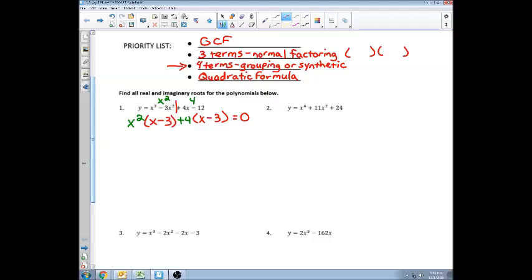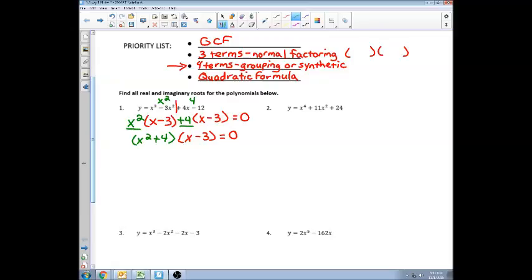All right. Now I want to group or put into one set of parentheses my x squared and my 4. So x squared plus 4. I can write down the x minus 3 just one time. And we are on our way. Now x squared plus 4 does look like the difference of 2 squares, but that is the sum of 2 squares.